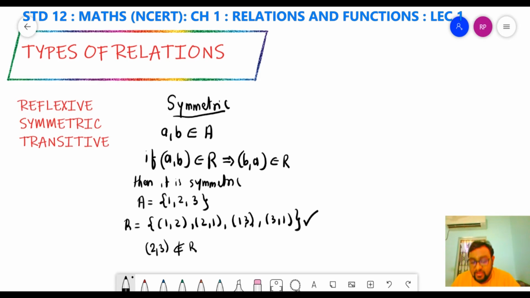Clear? But if (2, 3) belongs to R, then that must imply (3, 2) belongs to R. In reflexive we were taking every element, right? So here the condition is, if (a, b) belongs to R, then it must imply (b, a) belongs to R. So this is about symmetric.